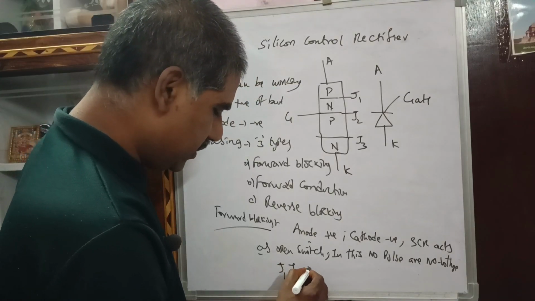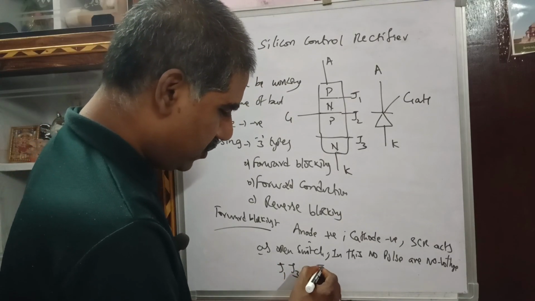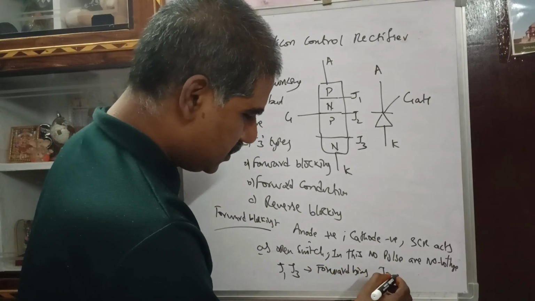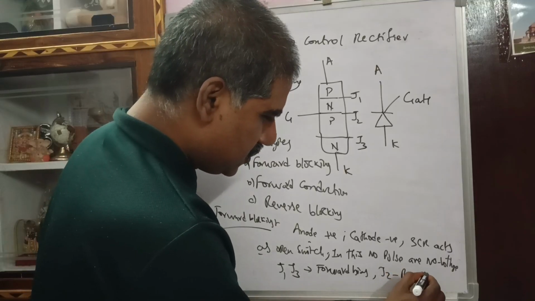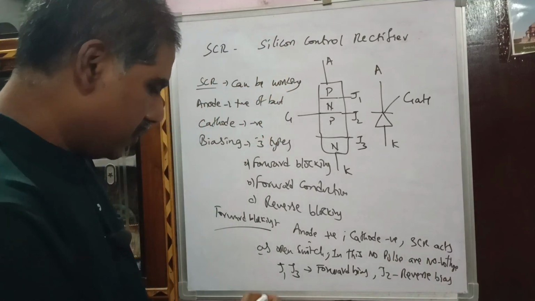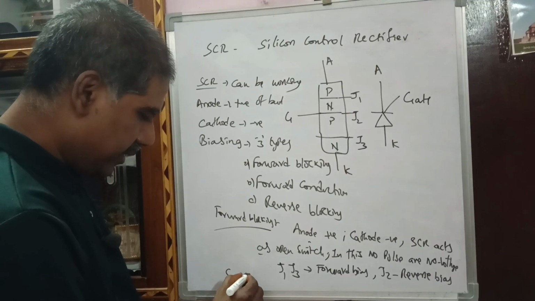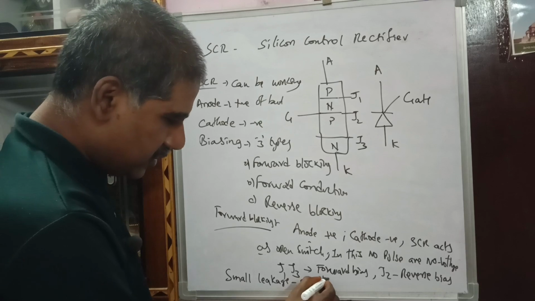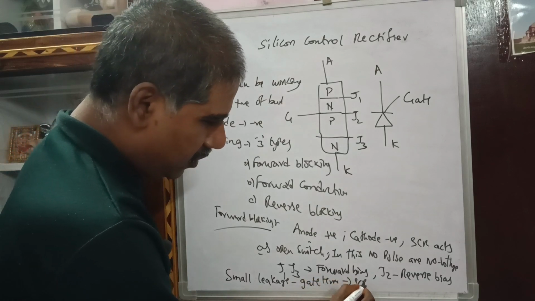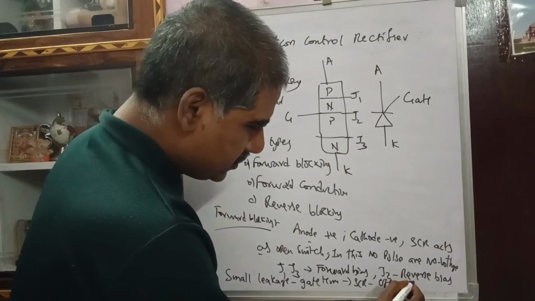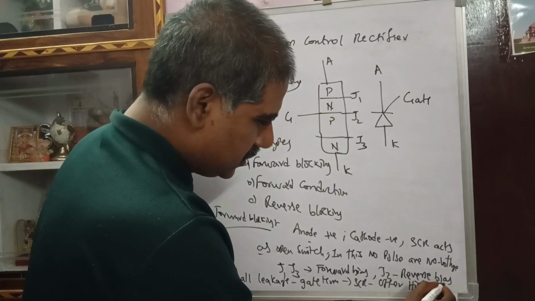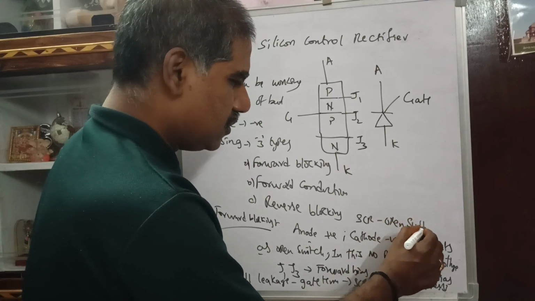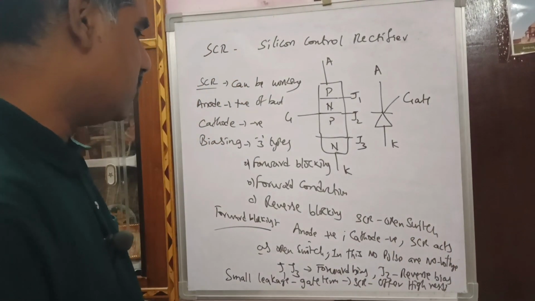J1 and J3 are forward biased, whereas J2 is reverse biased. Due to this, a small leakage current flows, so the SCR offers high resistance and acts as an open switch. This is about forward blocking.